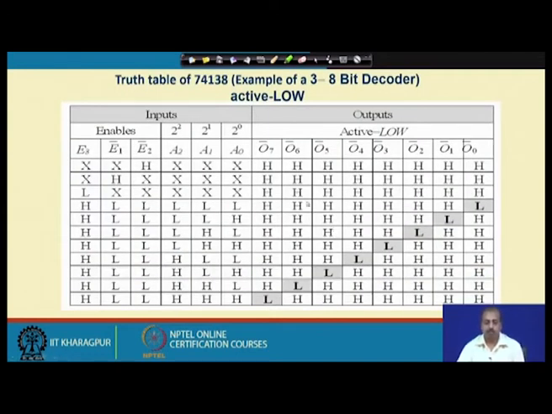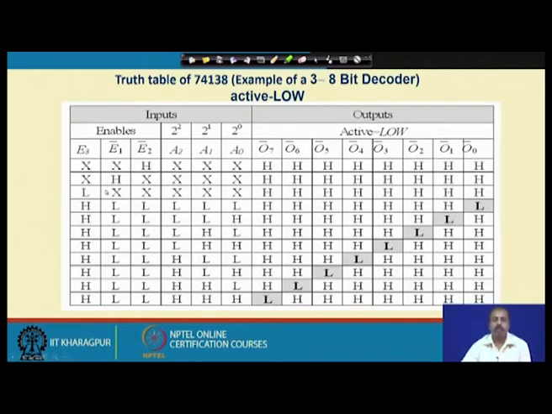So, this is the truth table for 74138. Whenever E2 is high, E2 bar becomes low, so the decoder is disabled and all the outputs are high. Or if E1 is high, whatever be the value of E3 and E2, then also all the outputs are high, and if E3 is low, whatever be the value of E1 and E2, again all the outputs are high.